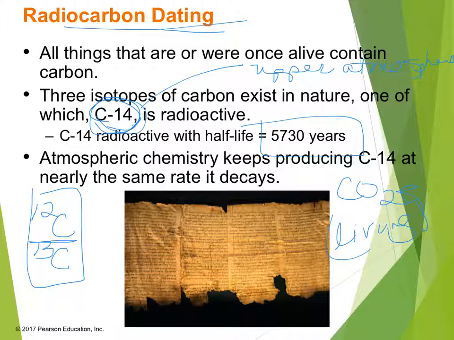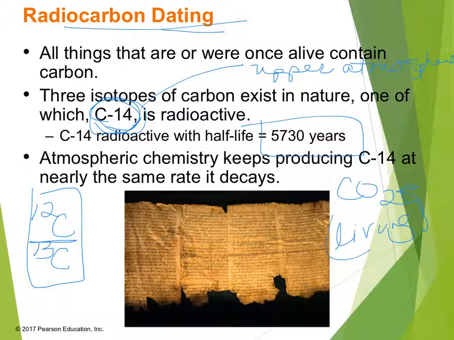5,730 years. Now imagine that we're talking about a tree that actually takes in CO2 and then releases oxygen. And when it's alive, it's taking in CO2 where a certain amount of the carbon is carbon-14.